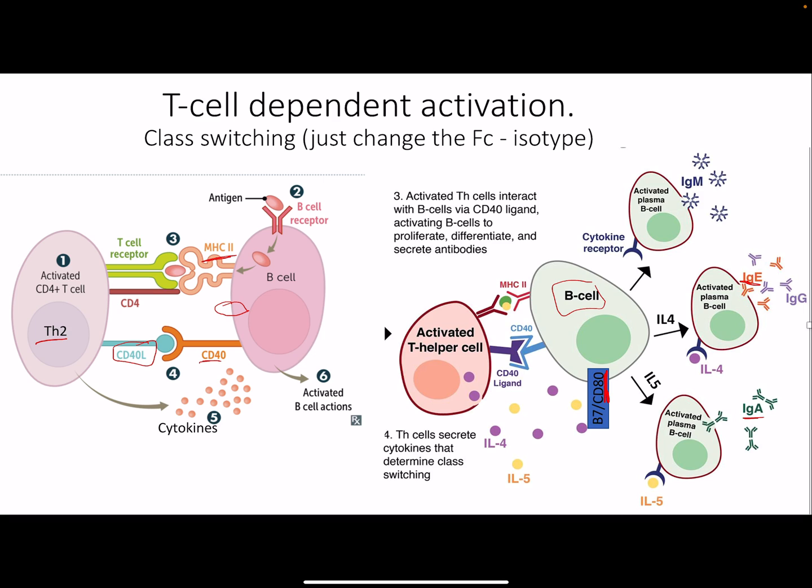So what determines whether it becomes, specifically we'll just focus on IgE and IgA, whether it becomes an IgE has to do with the cytokines. In the same way that the cytokines that a naive CD4 cell requires to become Th1 require IL-12, and Th2 requires IL-4, similarly the cytokines that a T cell, specifically a Th2, because the 2 goes with B, will donate to say IgE versus IgA: IL-4 goes with IgE, IL-5 goes with IgA.